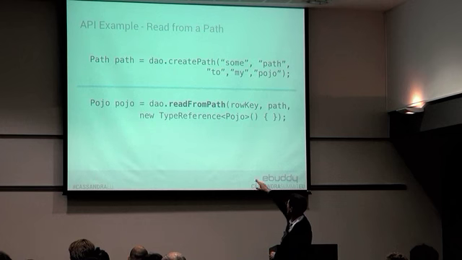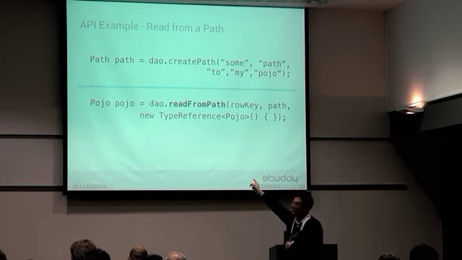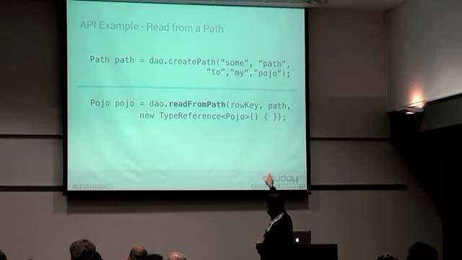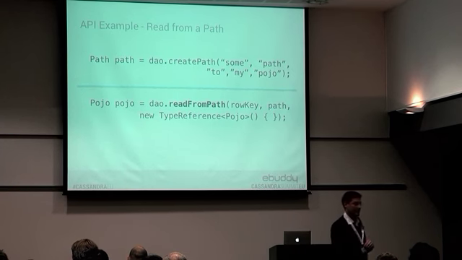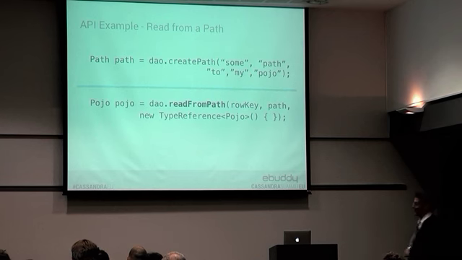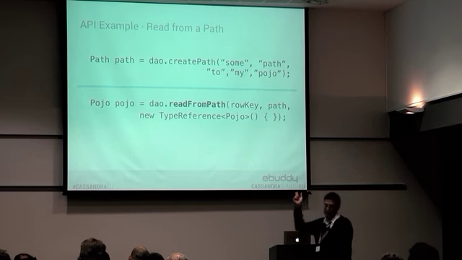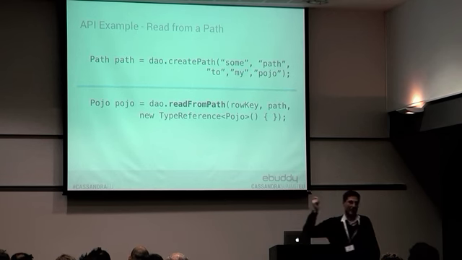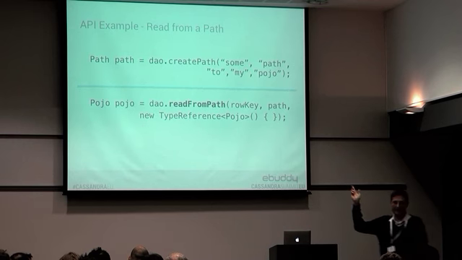where you basically say the object I want is of type POJO, and the reason you have to use this strange syntax has to do with the idiosyncrasies of Java generics and type erasure. So the generic type becomes available to the library at runtime by using this mechanism.